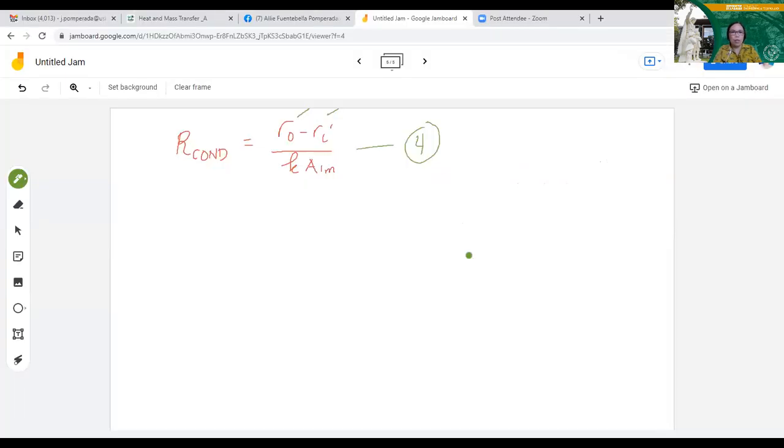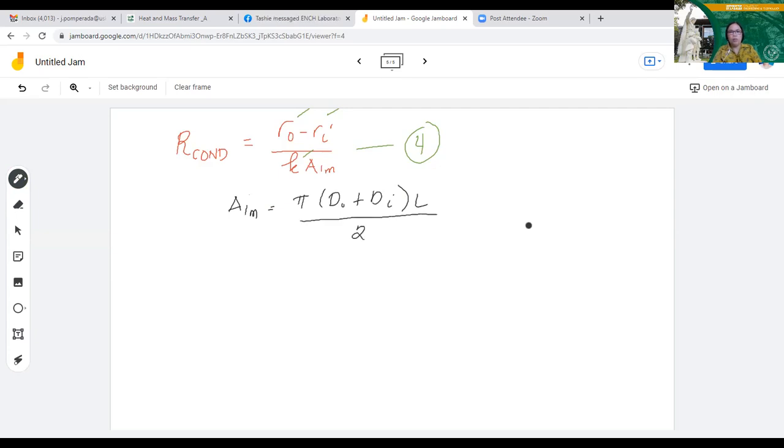And we'll have a check here because we know this already. Now, as for the arithmetic area, that would be just getting the outer area and the inner area divided by 2. That would be our arithmetic area. So I will solve it here, using the black ink now. You have A subscript LM. In terms of arithmetic area, that would be pi times DO plus DI divided by 2.